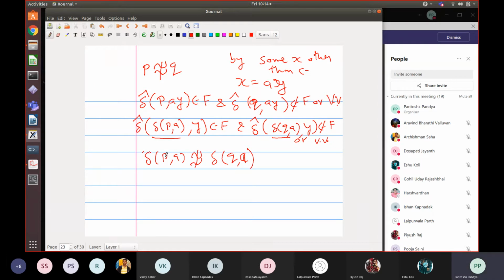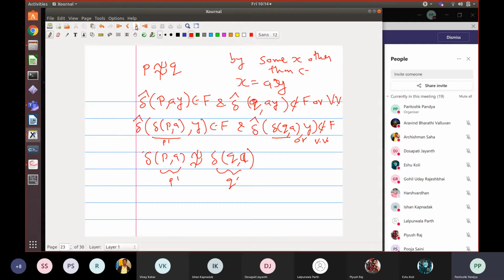So in order to determine whether two states are distinguishable, we have to find two states, P prime and Q prime, which are not equivalent, and they are obtained by going from P and Q on the same letter A.